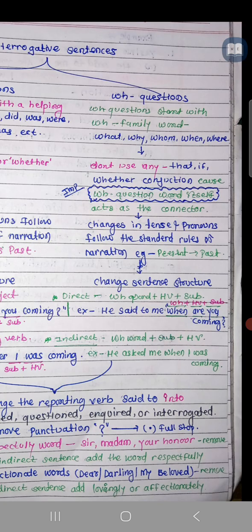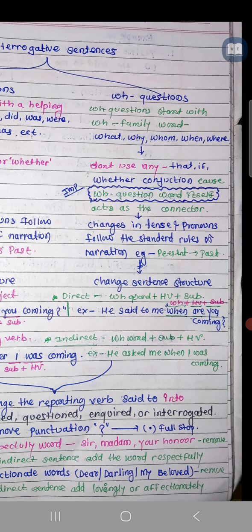They are doing a twice role. The first role is to connect the two parts, and the second role is that the WH word does not change its position. In direct speech, where is its position? Fourth or fifth number.